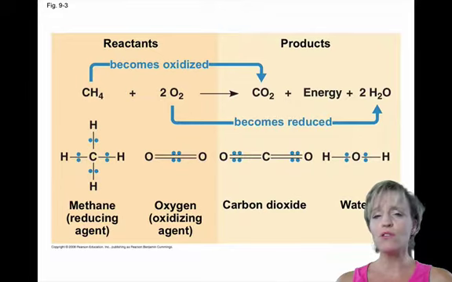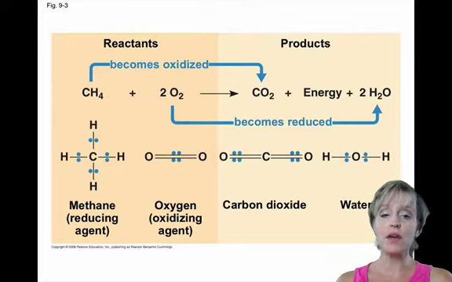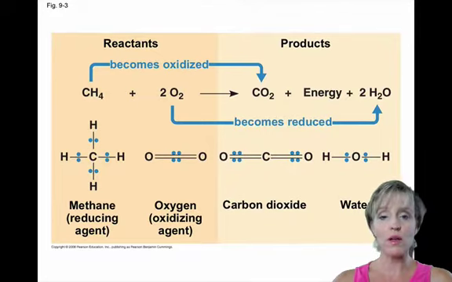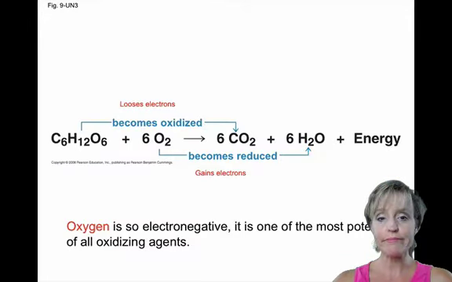Notice that oxygen is highly electronegative, so what is oxygen going to do? Oxygen is going to start stealing hydrogens away from the carbon, and ultimately the methane will become oxidized, the oxygen will become reduced, at least that which is in water will be reduced, and that is what we will see with glucose.